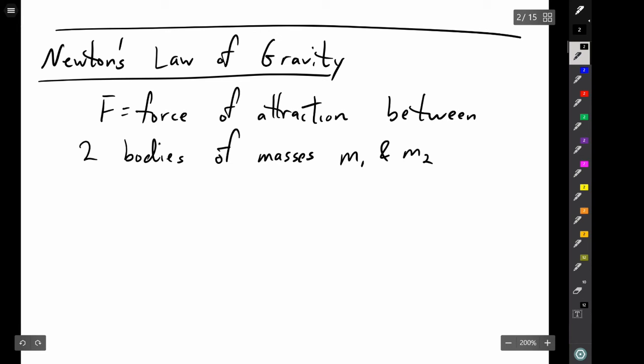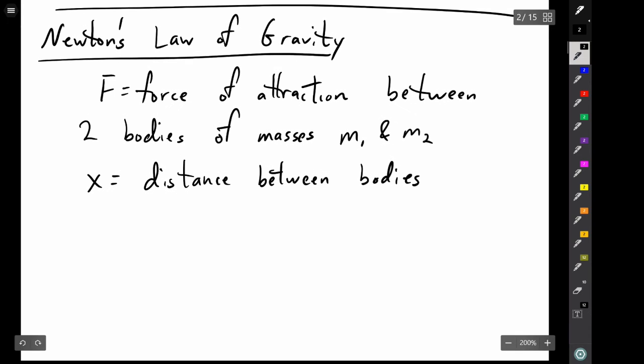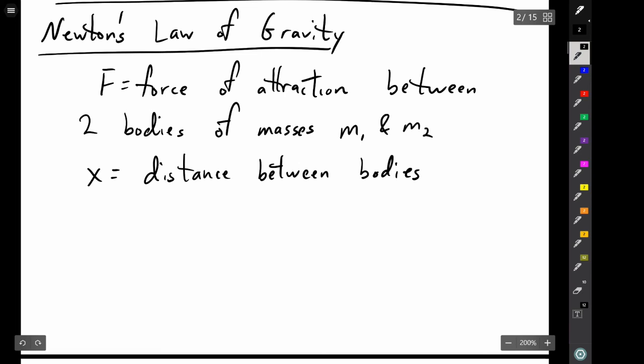And here we're going to say x is the distance between the bodies. Really, it should be the distance between their centers of mass, so to speak. But normally when we apply this in simple situations, we think of these as point masses. Anyway, so F here is going to be G m1 m2 over x squared.